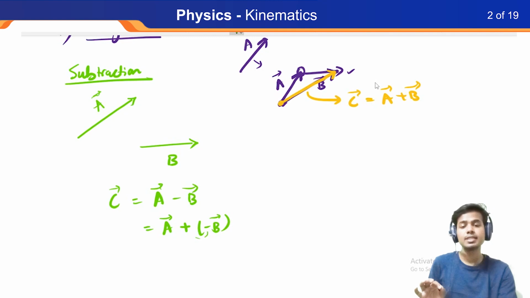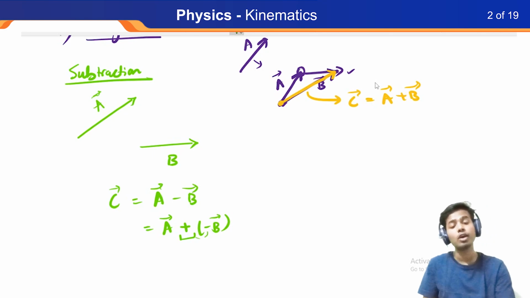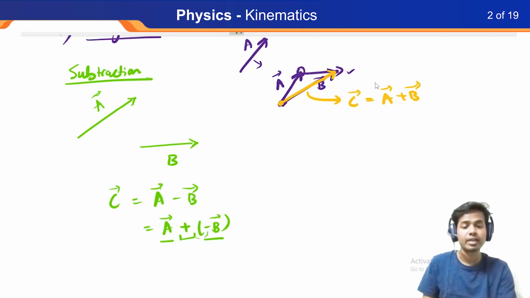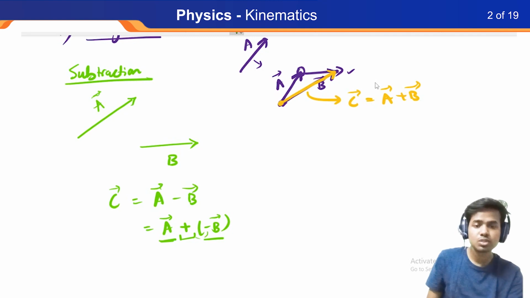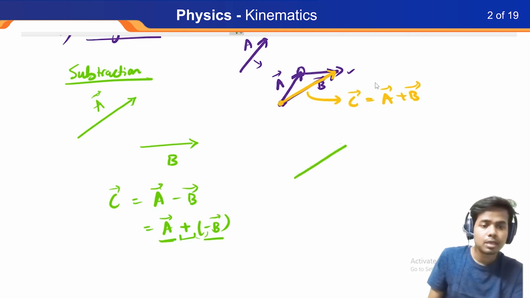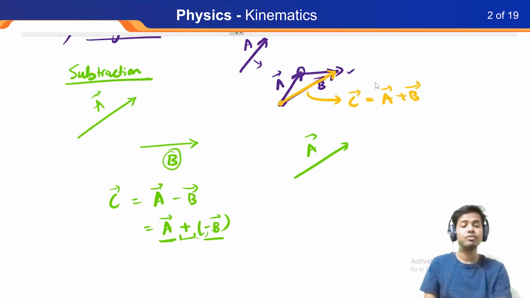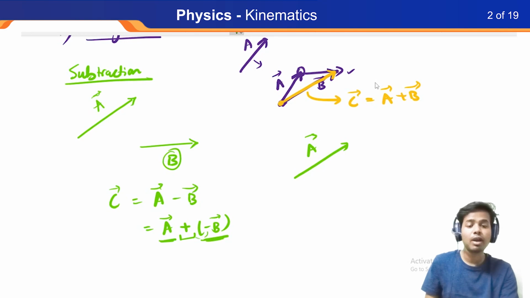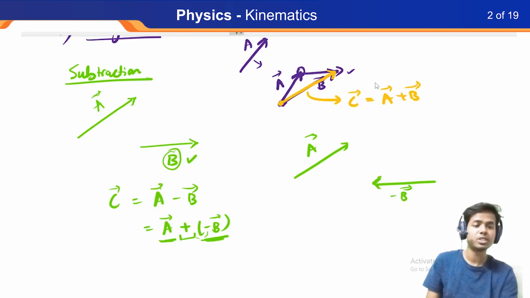But what has changed here is, I do not have to do subtraction. I can simply do addition, which I already know how to do, of two different vectors: vector A and another vector which is not B. It is actually the negative of B. So what I can do is write A vector here, and in place of B vector, if I have to do addition, I will have to write minus B vector, and this can be minus B vector, since B vector was this one, so in the opposite direction.